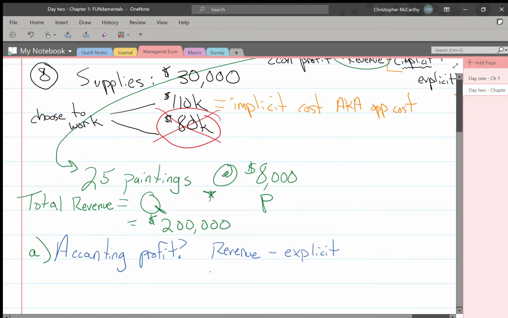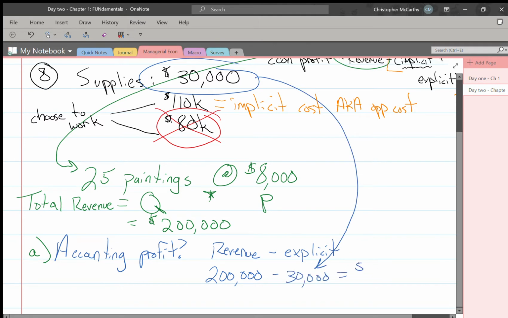So it's going to be 200,000 minus my explicit costs, 30,000, which gives me $170,000 as my accounting profit. Does that make sense to everybody?